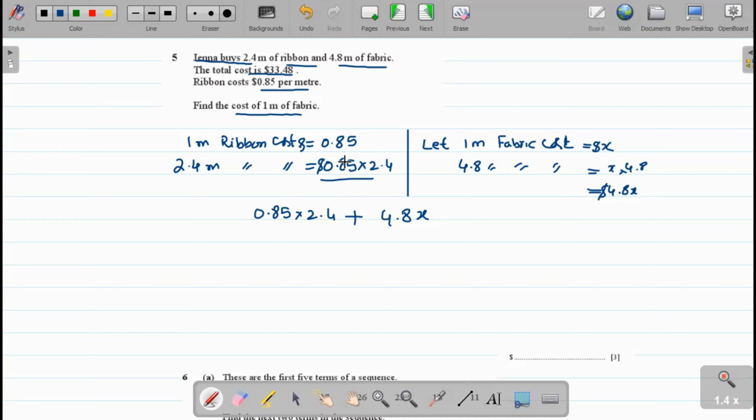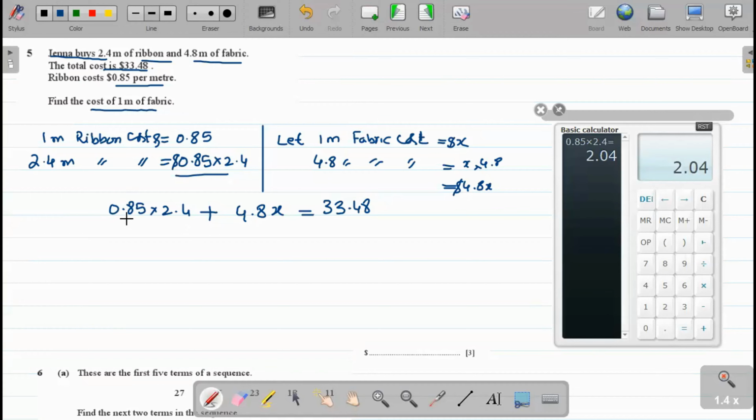That value will be equal to $33.48. Now you see here 0.85 multiplied by 2.4 is equal to 2.04, plus 4.8x, equal to 33.48.